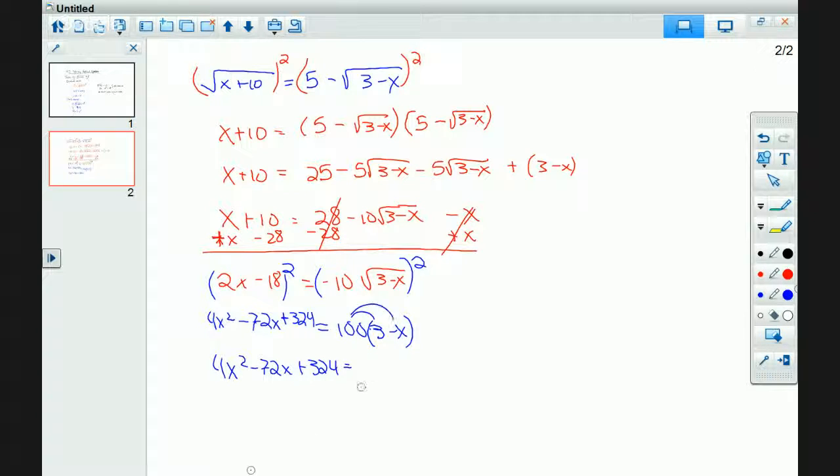Distribute here. And we'll move everything to the left. Add 100, so we get plus 28. Subtract 300. All the big numbers are gone.